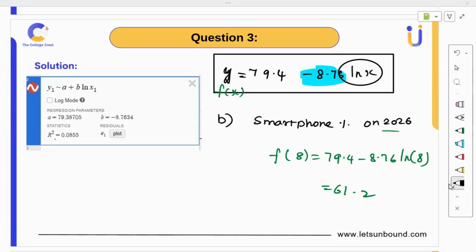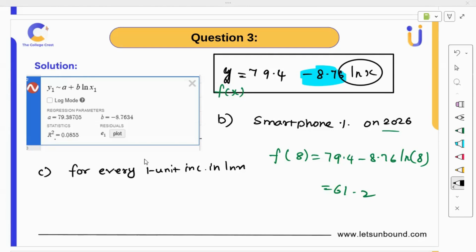Smartphone ownership. So the smartphone ownership will decrease by 8.76 percentage points. Okay, that's the interpretation. For every 1 unit increase in ln x. That's the basic function.